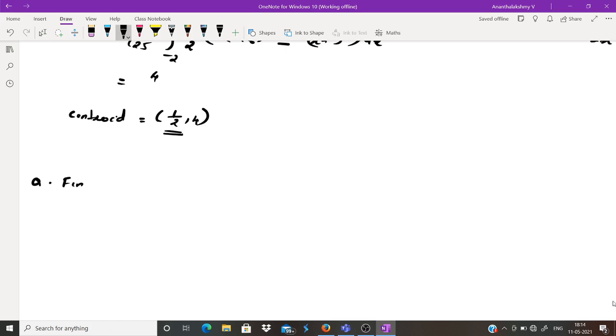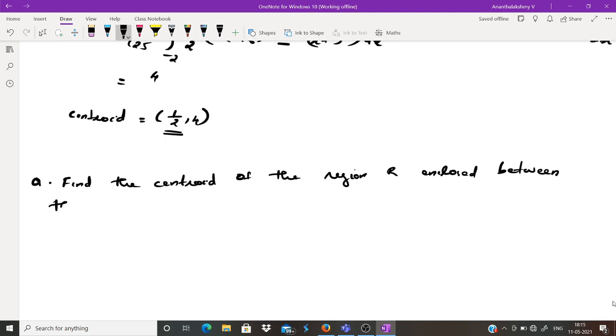Question: find the centroid of the region R enclosed between the curves y equal to root x, y equal to 1, y equal to 2, and the y-axis.